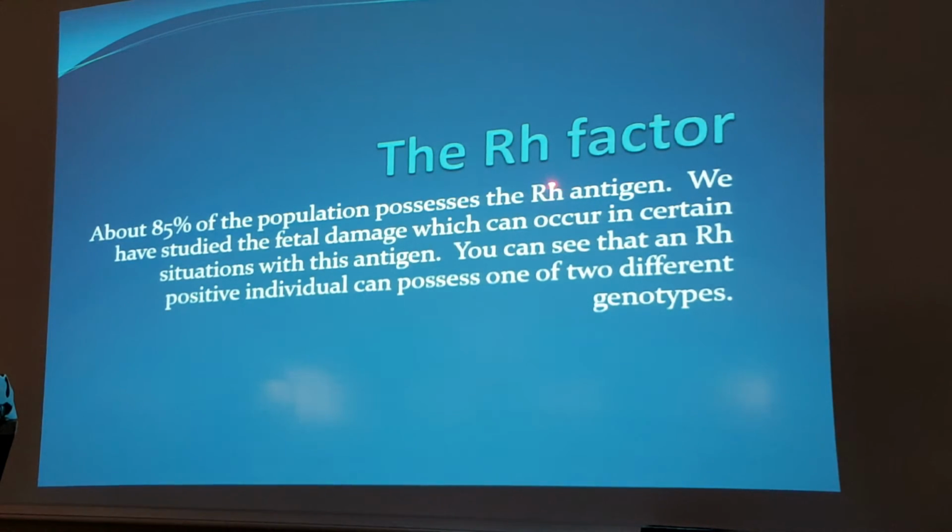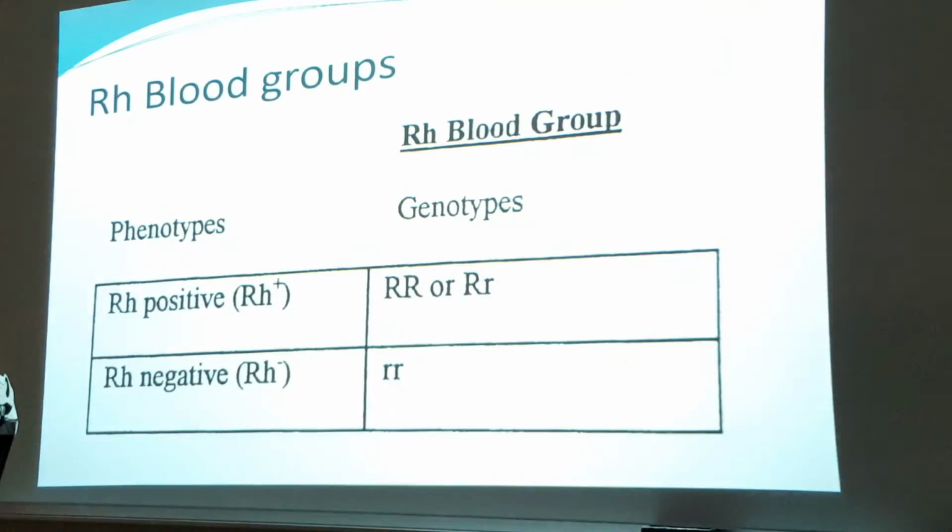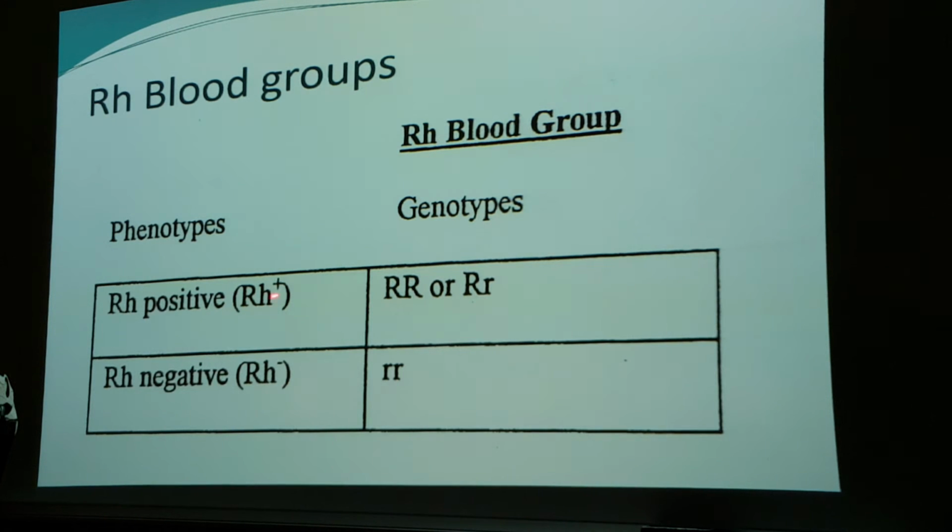The Rh factor, and that's of interest. Rh positive, you can have one of two different genotypes. We never mentioned that back last quarter, did we? And the outcomes that you can get will be different.